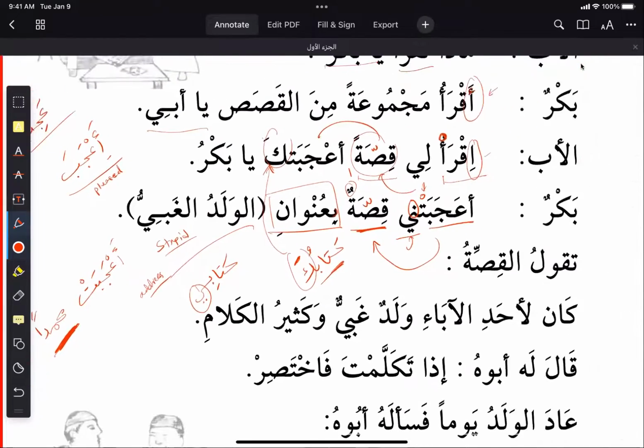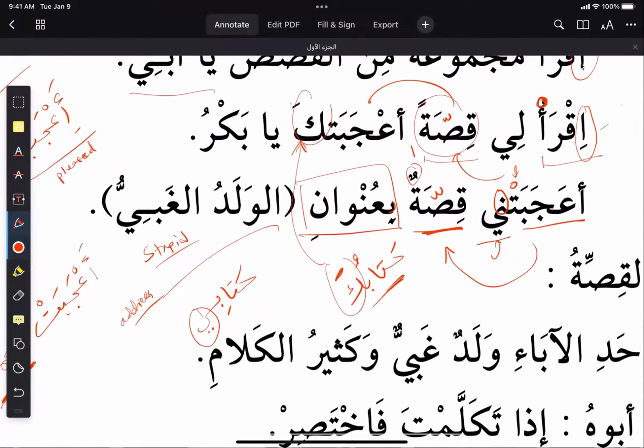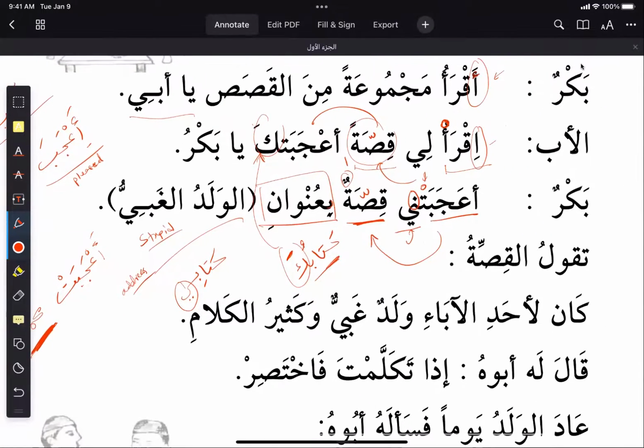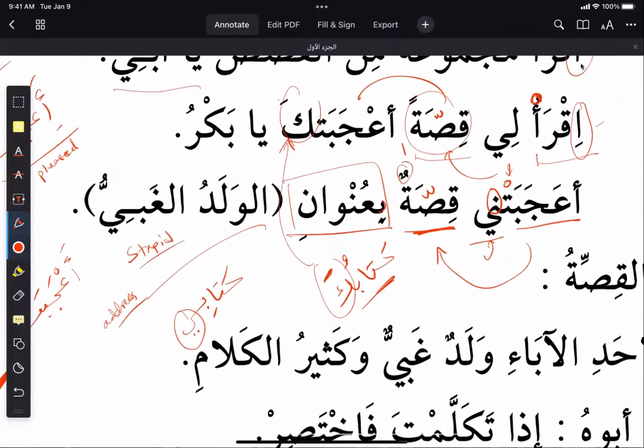Pretty strong word, but that's what it is. Ghabi is like someone who's not that bright. You get it? So he's saying that a story that interests me is by the title, the stupid boy or son, we don't know, we'll find out, because as you know, walad can be boy and it also can be son.